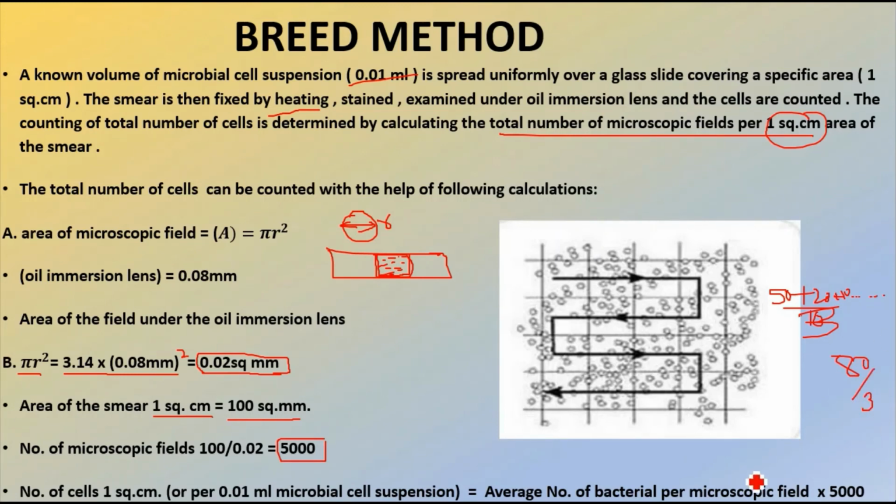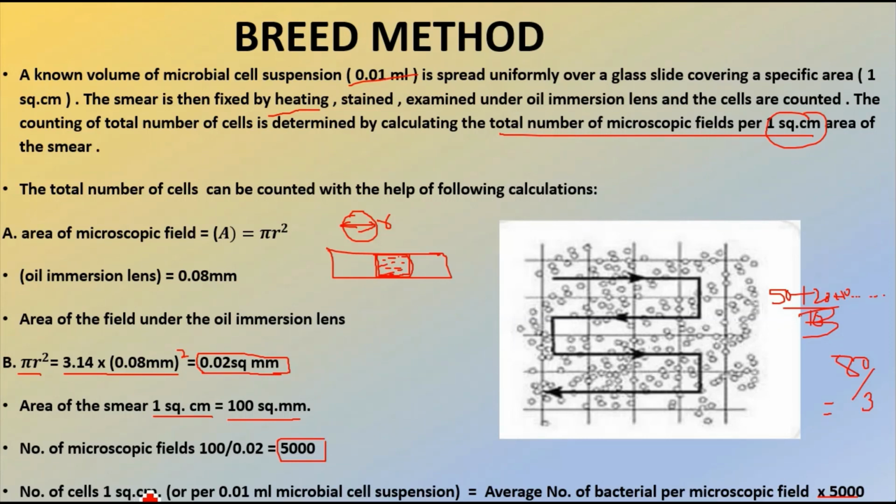You get the average number of bacterial cells per microscopic field, and that has to be multiplied with 5000. What is this 5000? It is the number of microscopic fields. Once you multiply the average number of bacterial cells per microscopic field with this number, you will get the number of cells per 1 square centimeter.